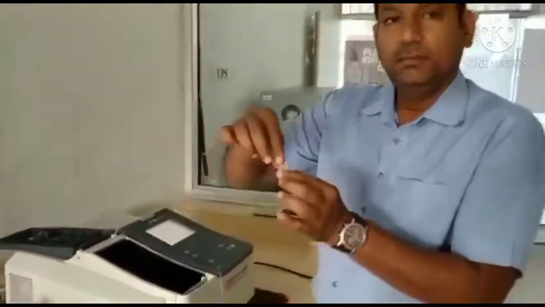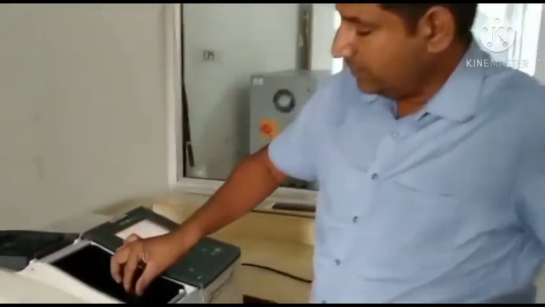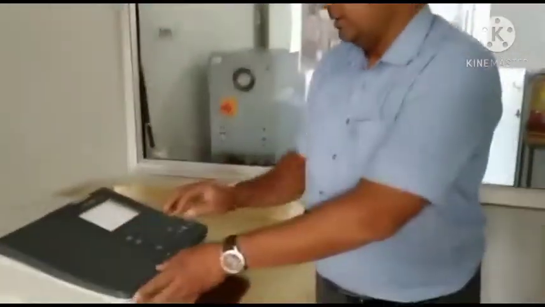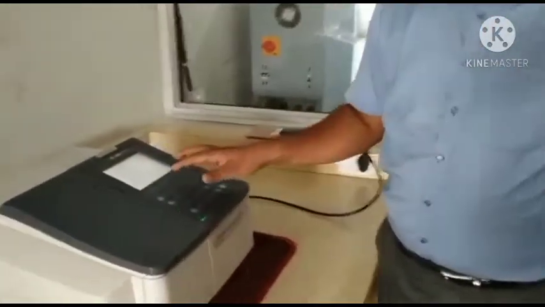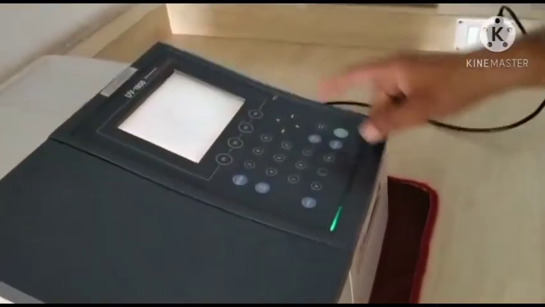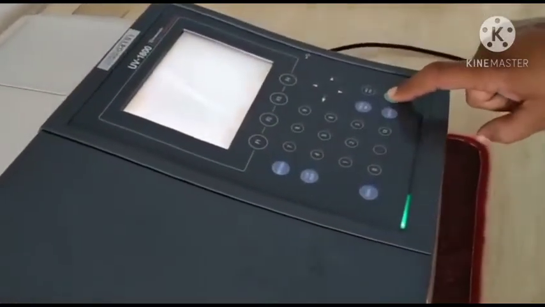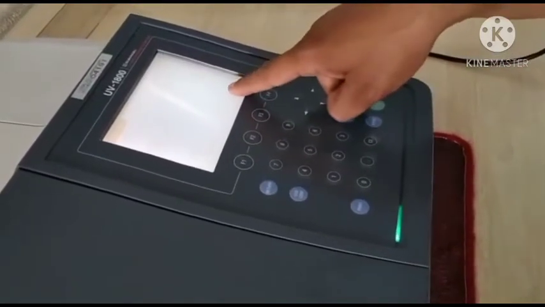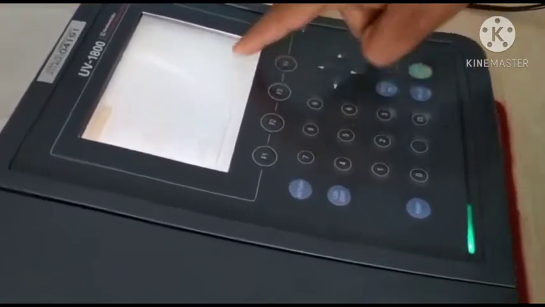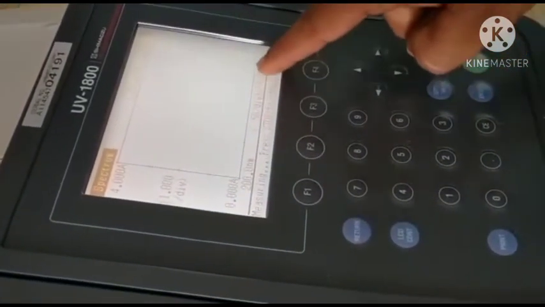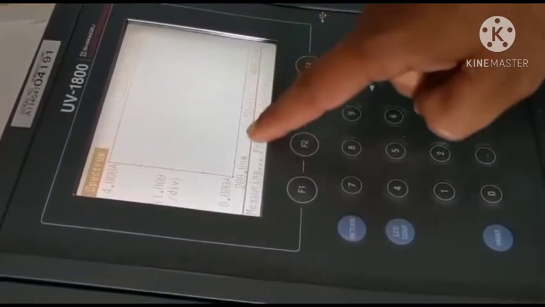This is ethanol. So I put this ethanol in this box, and you can see now we can take the graph of this ethanol. We have started the graph of ethanol, so that we will find the lambda max of ethanol against water.